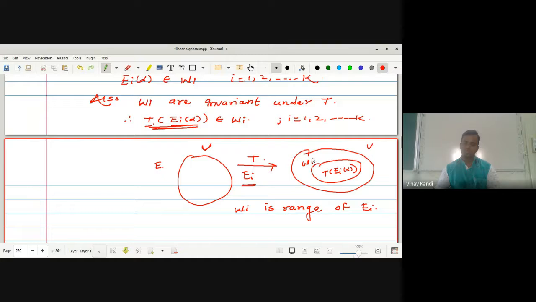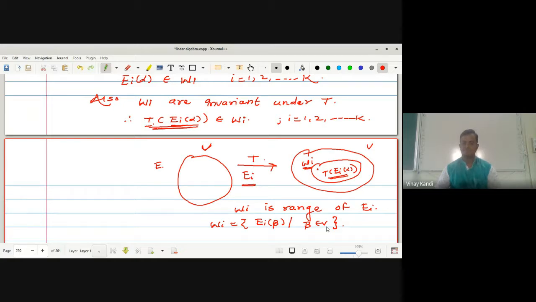Suppose this is the element. What is it? It is nothing but Ei of beta for some beta belongs to V. Is it correct?